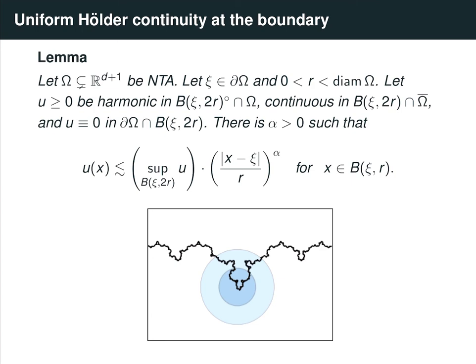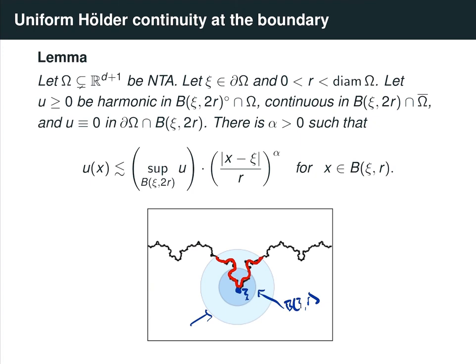So in particular, let's suppose that we have a point C inside the boundary of omega, and a radius r, and we consider the ball B(C, r). And suppose that we have a non-negative harmonic function defined in the double of this ball, so that it vanishes continuously along the boundary of omega inside this ball.